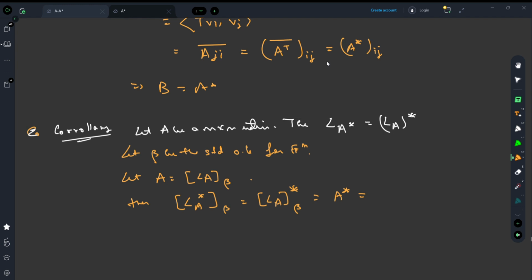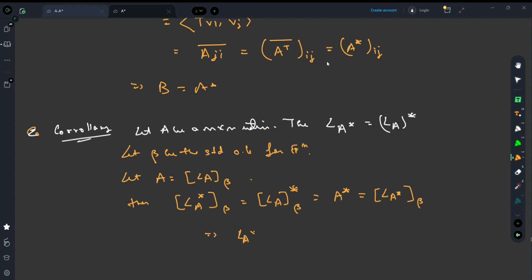Then the matrix of the adjoint of LA with respect to beta is the adjoint of the matrix of LA with respect to beta. This comes from the previous theorem, but this is exactly equal to A star, and A star is the matrix of the linear operator induced by A star in terms of beta.